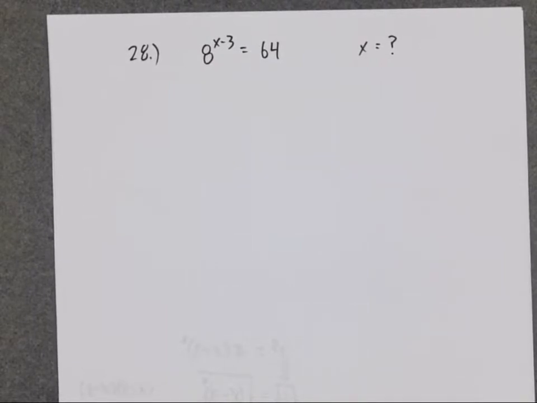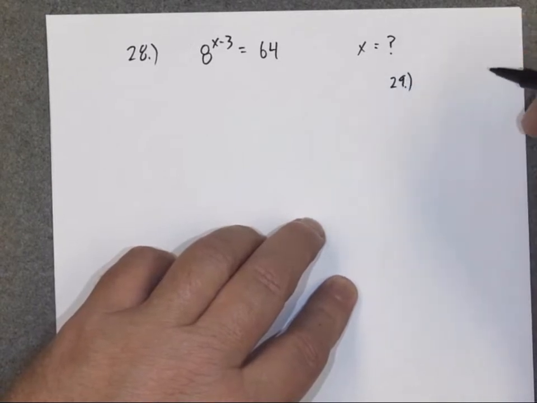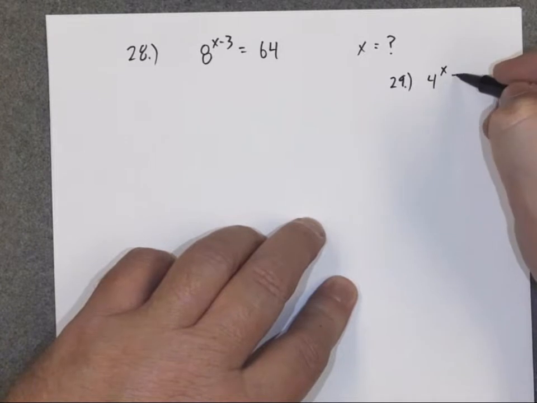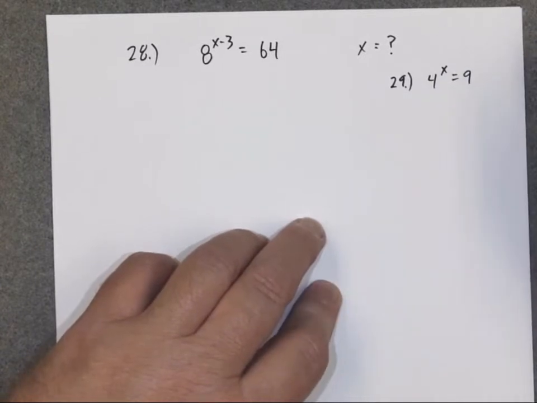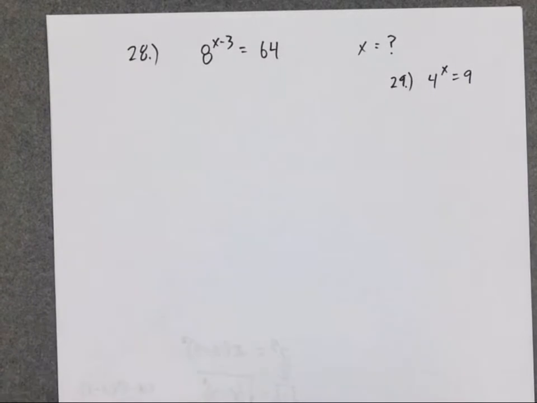Now it's interesting how 28 and 29, let me write 29 here just to sort of talk about these two. Solve that equation, 4 to the x equals 9. Now we've talked about this before, but here's a quick review.